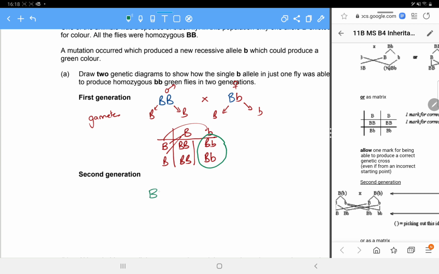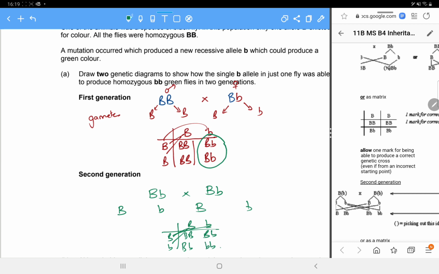If we were to mate those together, the gametes that this one can produce are big B or small b. The gametes this one can produce are big B, small b. And if we put those in a Punnett square, we get the following. Big B, big B, big B, small b, big B, small b. So that we put the capital letter first, and then small b, small b.